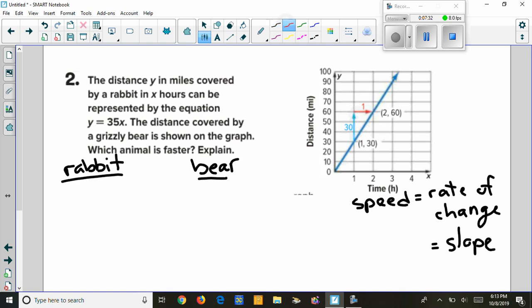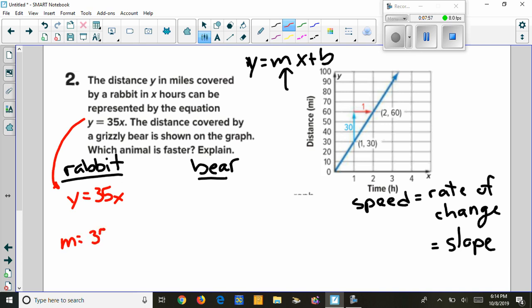Now, the rabbit, they said it was y equals 35x. And if I look at y equals mx plus b, for rate of change, I want my m, because it's my slope. So the rabbit is going a speed of 35.